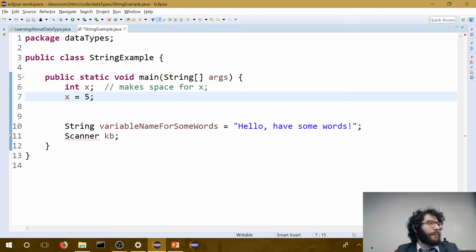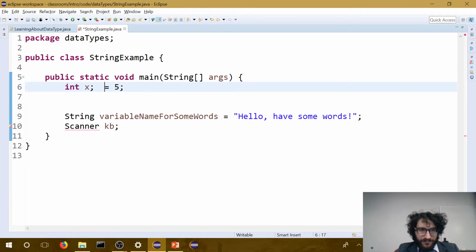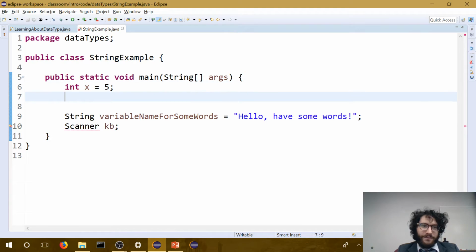But the vast majority of the time when you create something, you probably know what you want, so you just combine it into one statement.